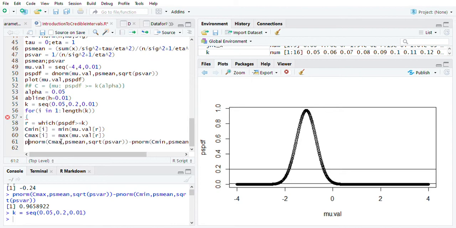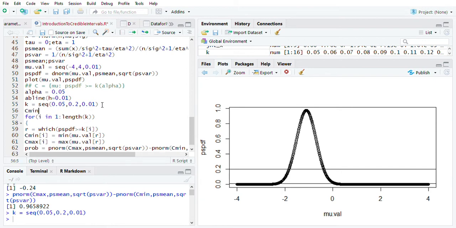Now this will be the probability. So let us try to correct this. Instead of K, now I'll have the ith value of K, and because C mean and C max are vectors, I must declare them first. So C mean, then C max, I have declared them here.